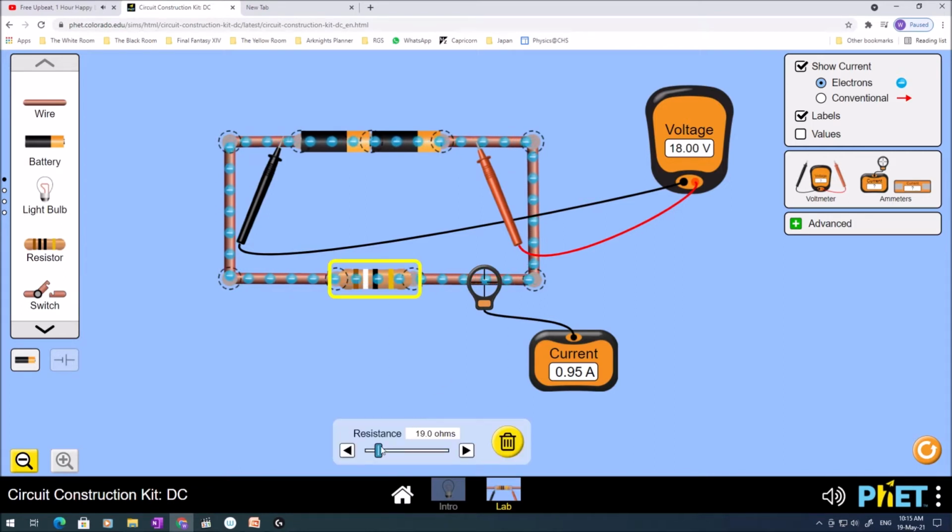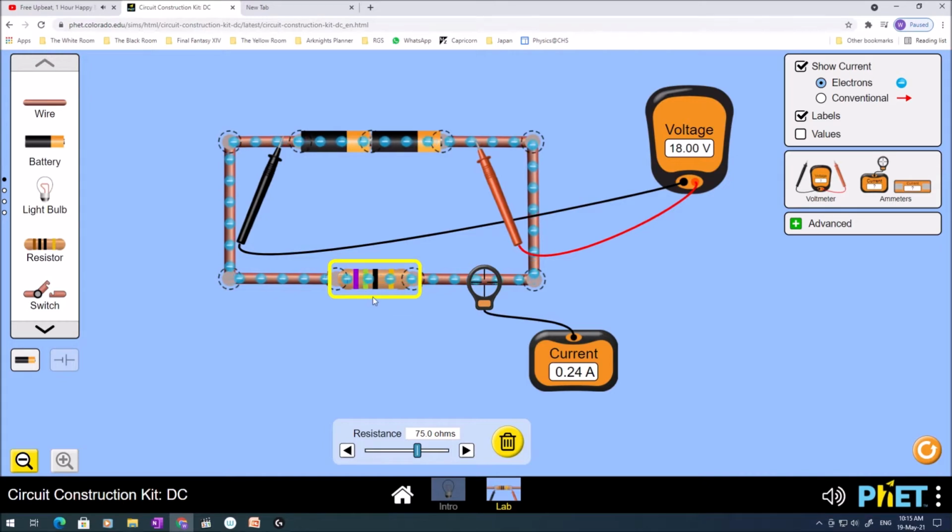So if I have a different material over here, the current is different. He tested with many materials and found that different materials give different amounts of current, whereas the voltage of the battery is fixed.